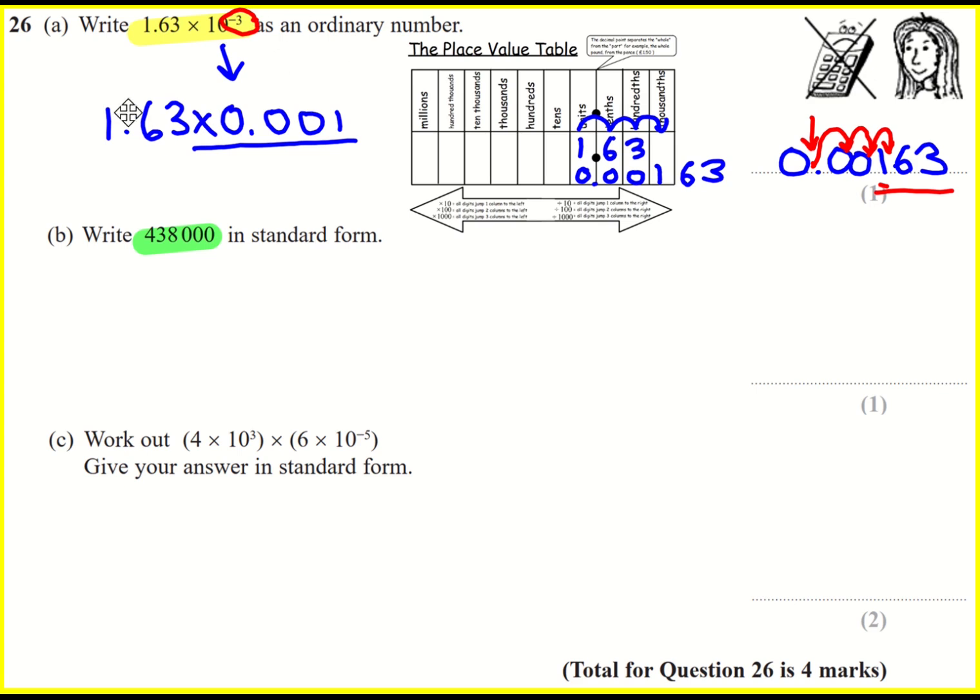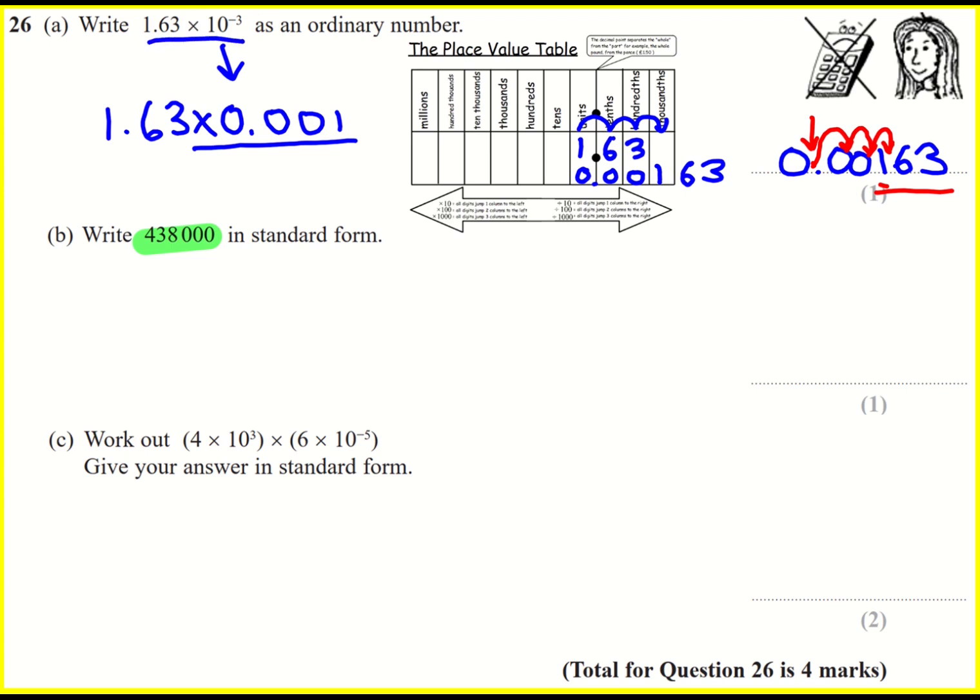Okay, part B, write 438,000 in standard form. Now, standard form, there's a particular way you have to write it. So this kind of gives you a little bit of a hint up here, because this number up here was written in standard form.